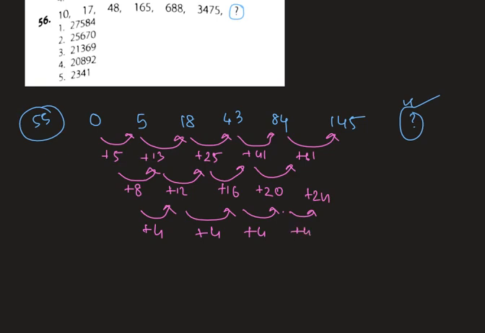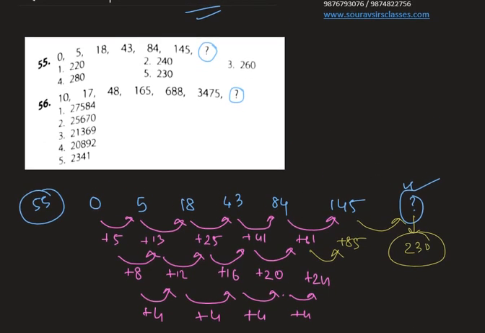Therefore in the above series we get 85, and in the main series, if we add 85 with 145 we get 230 as the answer. So the correct answer will be option 5.